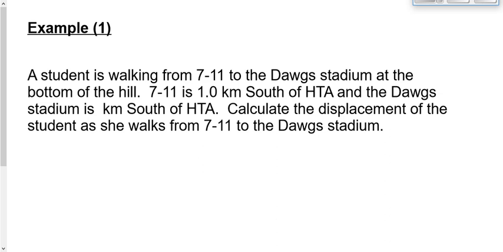The student is walking from the 7-Eleven to the baseball stadium. 7-Eleven is 1 kilometer south of HTA, and the dog stadium is blank kilometers south of HTA. It just says blank on there. It's 2.5 kilometers, by the way. So that should say 2.5 kilometers south of HTA. What's the displacement of the student as she walks from 7-Eleven to the dog stadium?